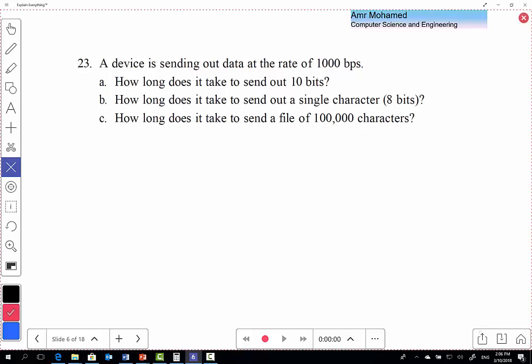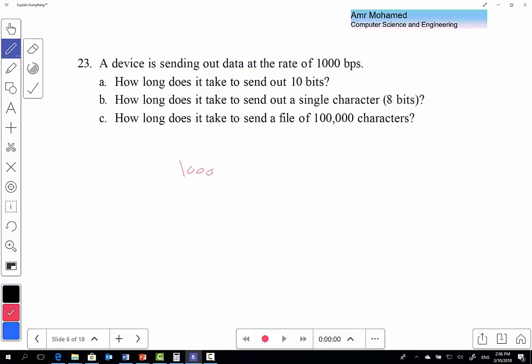Again, if 1000 bits take 1 second, how long does it take to send 8 bits? So the time equals 8 divided by 1000 seconds to send one character.